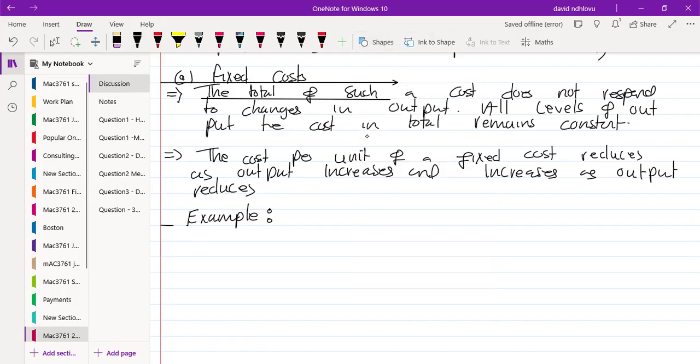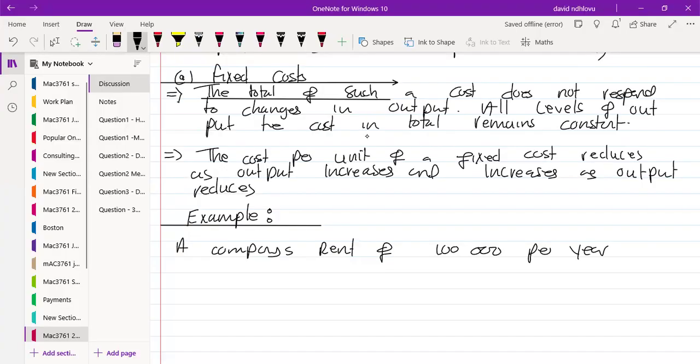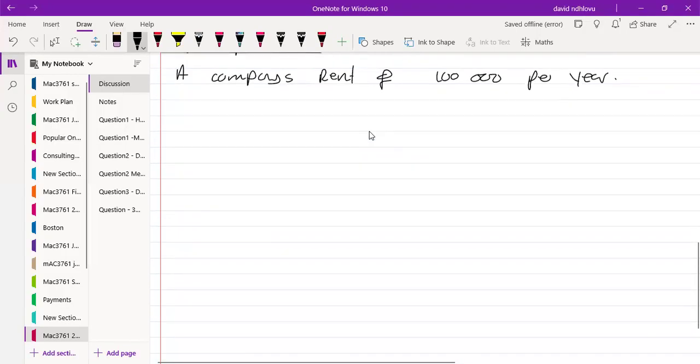Let's say that we have a company that pays rent of 100,000 per year.